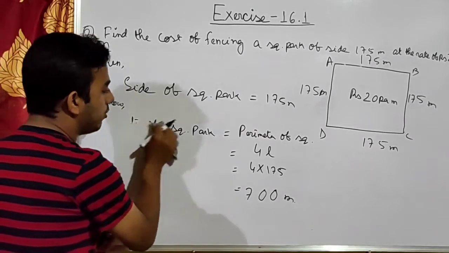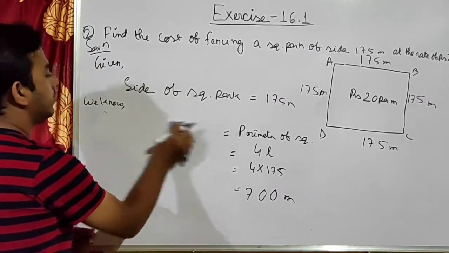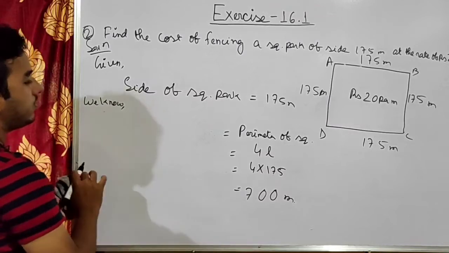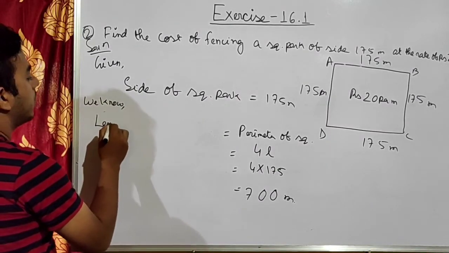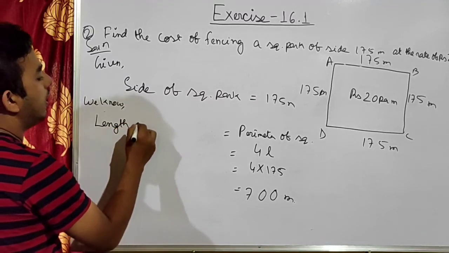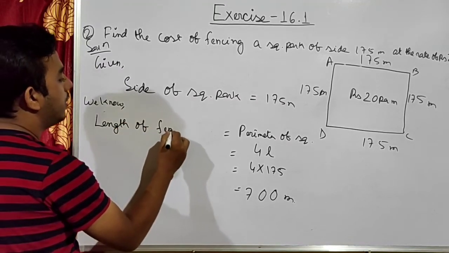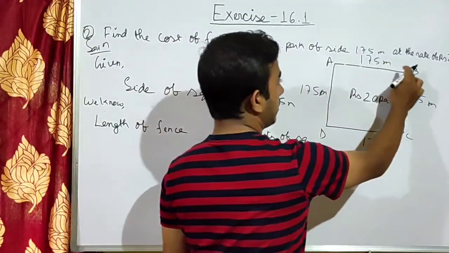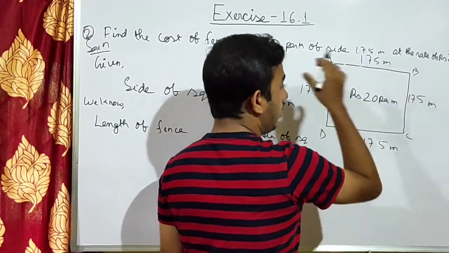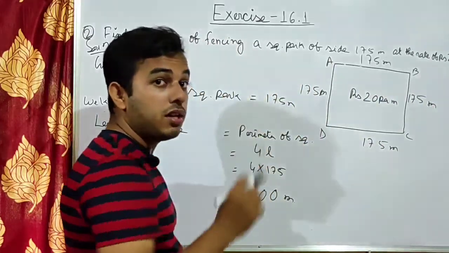So we will write here like this: length of fence. Suppose we will fence it like this. We will fence all the sides, right? All the sides means what?